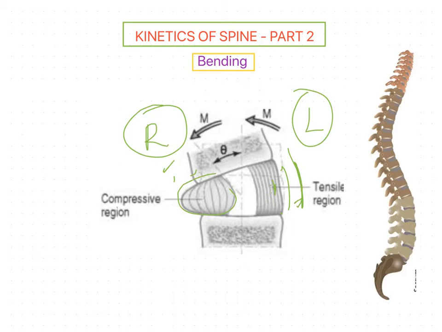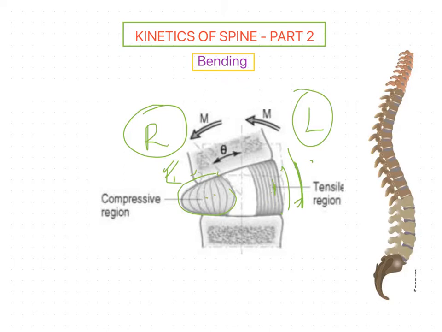That means in right side bending, the right side intervertebral disc is going to compress, and this right lateral bending is resisted by the tensile forces created on the contralateral side, that is the left side structures.